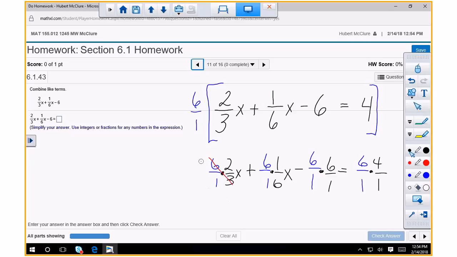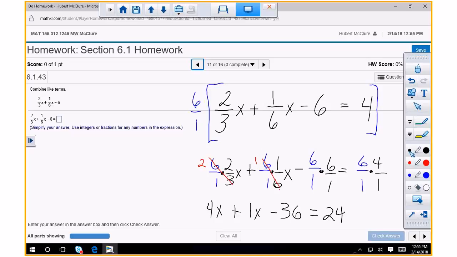Cancel them out. That'll be a 2. That'll be a 1. And what's 2 times 2? 4. 4x plus what? 1x minus what? 36 is equal to, now you've got a basic algebra problem.